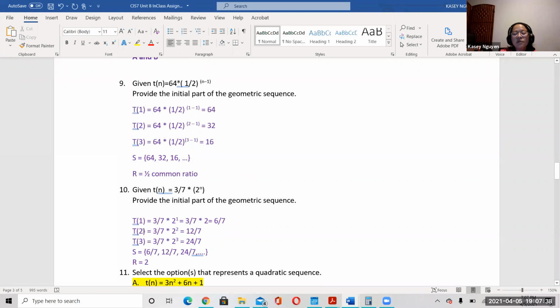T of 2, 3/7 times 2 to the second, which gives you 12/7. T of 3, 3/7 times 2 to the third, which gives you 24/7. So we generated the values. We can then put it in a sequence, 6/7, 12/7, and 24/7. So we can see that your ratio is 2.